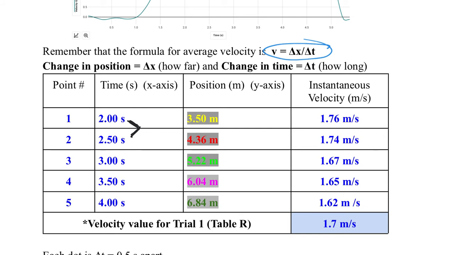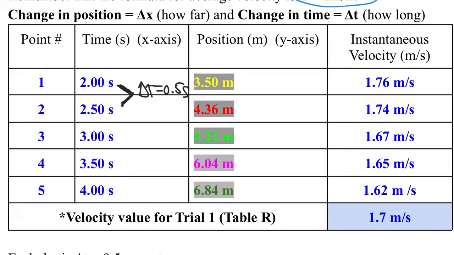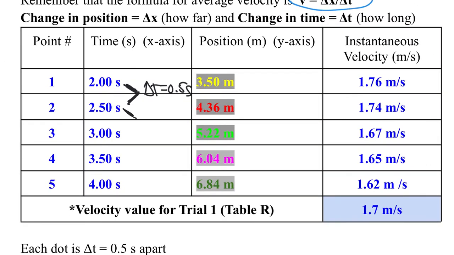So I go from 2 seconds to 2.5 seconds. What is the delta t there? 0.5 seconds. What about from 2.5 to 3? Everyone now. 0.5 seconds. 3 to 3.5. 0.5 seconds.